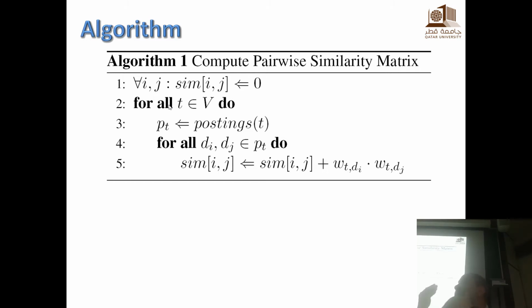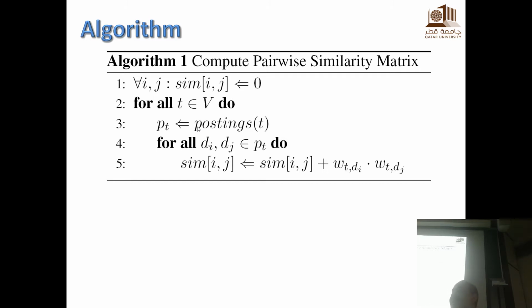Yes, because every term will contribute to the similarity of some of the pairs of documents. And as you said, we will know that from the postings. So let's assume that we have the postings for each term. That means that we know for every term what are the documents that had this term.